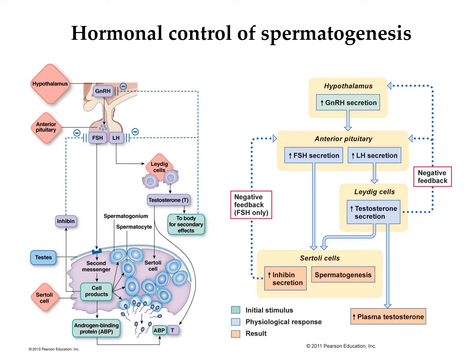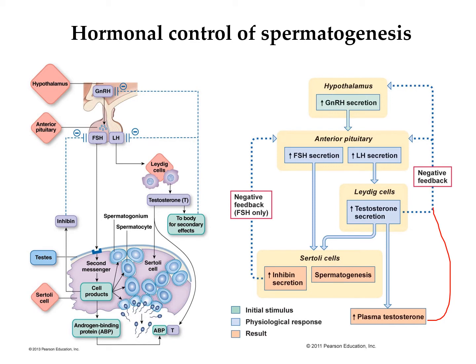The increased expression of inhibin will have a negative feedback on FSH secretion. The LH will act on the Leydig cells, and the Leydig cells, as you know, produce testosterone. This testosterone, in combination with Sertoli cells, will stimulate spermatogenesis, but also increase the level of plasma testosterone, which will also provide some feedback.